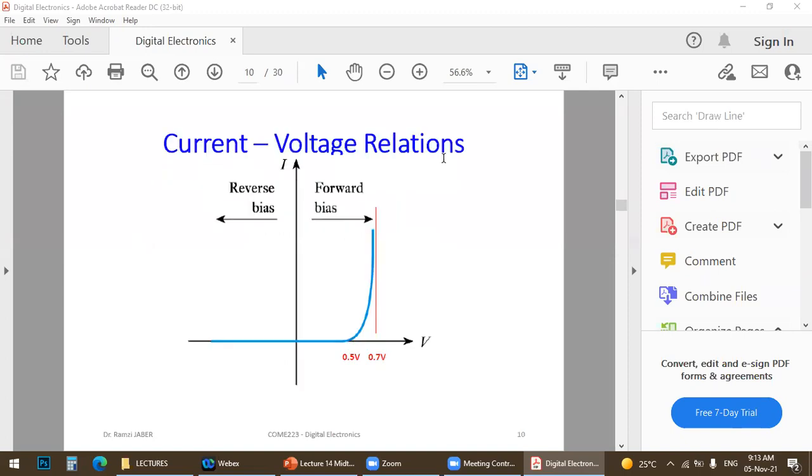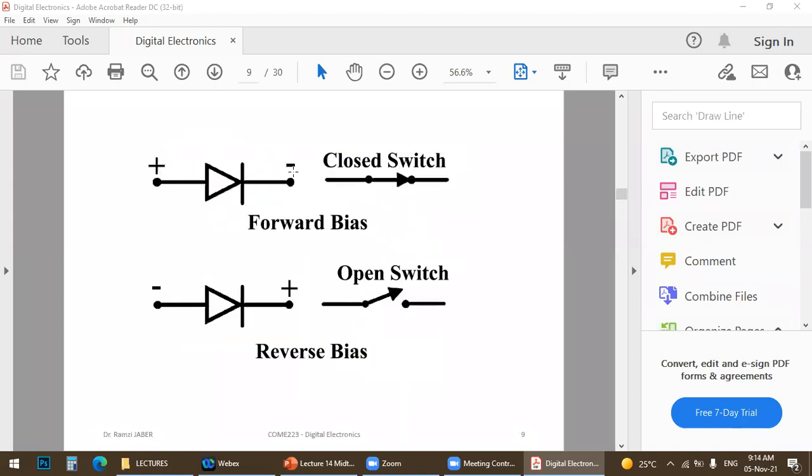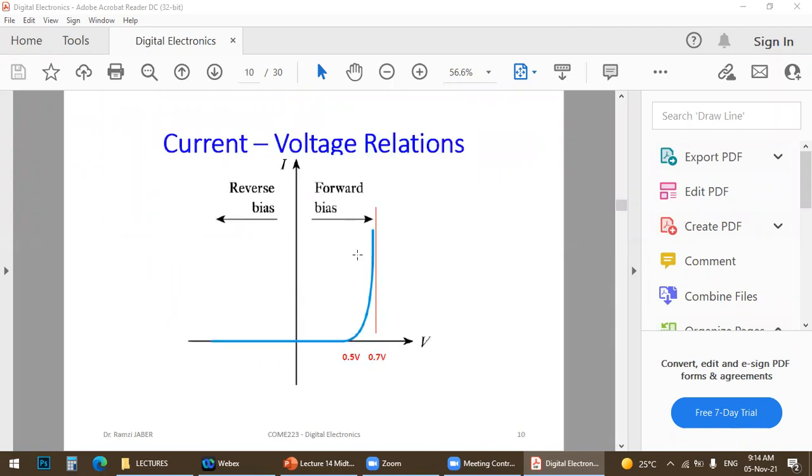This is the current-voltage relation. When the difference between high voltage and low voltage is above 0.7 volt, the diode will be forward biased, turned on, and will let the current pass. So we need a voltage difference between anode and cathode of at least 0.7 volt. This voltage is called the threshold voltage.